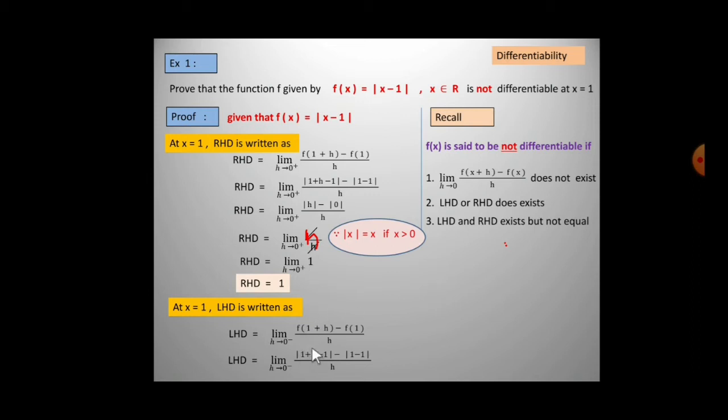Next again here also 1 and 1 get cancelled, it becomes mod h minus 0 divided by h. Next, what is the value of mod h? Now here h is tending to 0 minus, which means it is approaching 0 from lesser than 0, a negative number approaching 0.